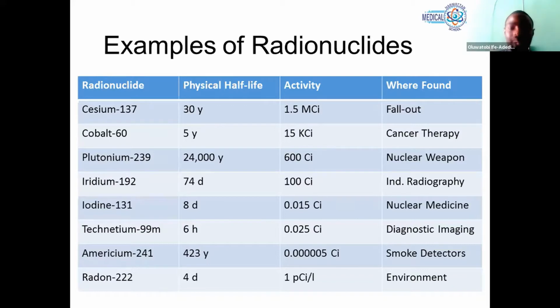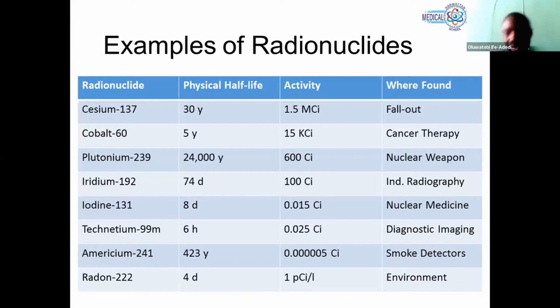Now, where can these radionuclides be found? For example, cesium can be found where there is a fallout. Cobalt-60 is utilized during cancer therapy, plutonium in nuclear weapons, and industrial radiography in industrial applications, probably to test the strength of materials and the durability of materials, if they can be used for their applications. We use iridium-192, which is a gamma emitter.